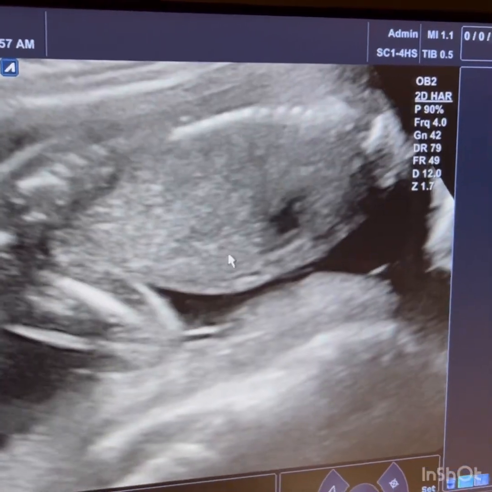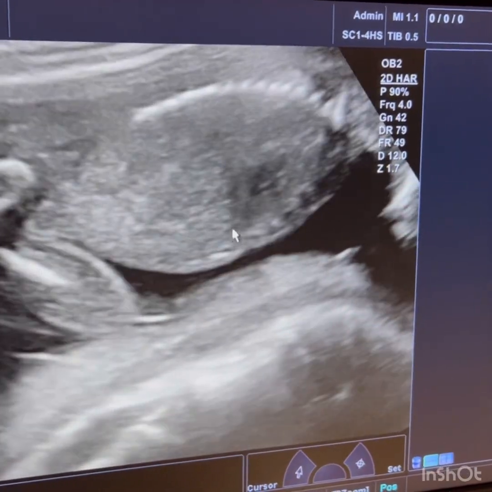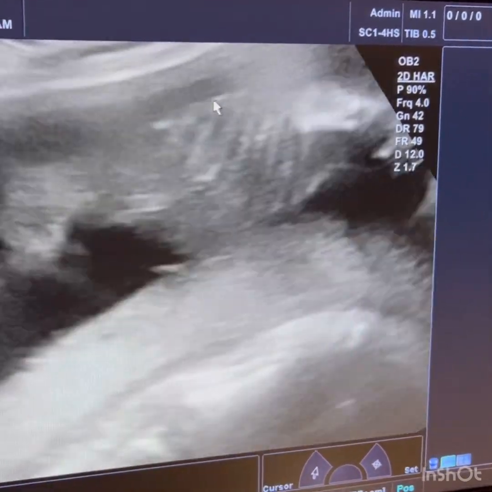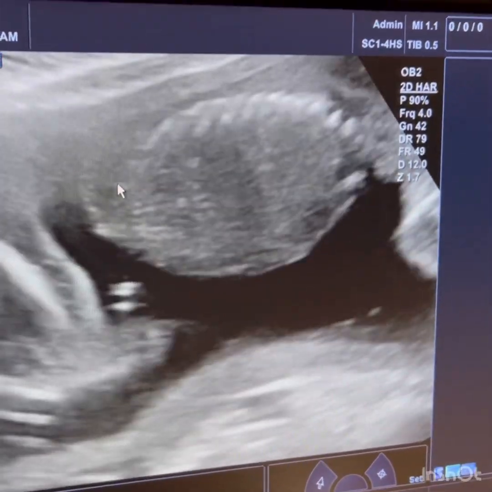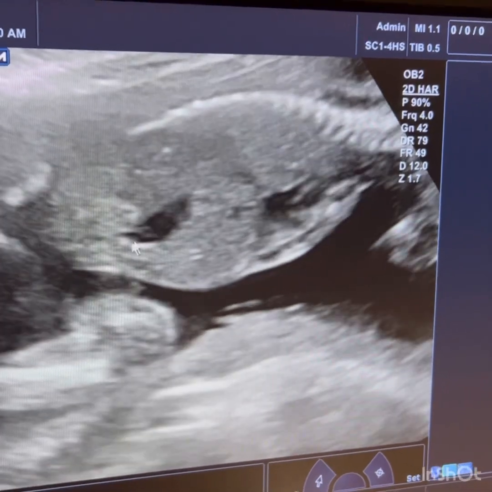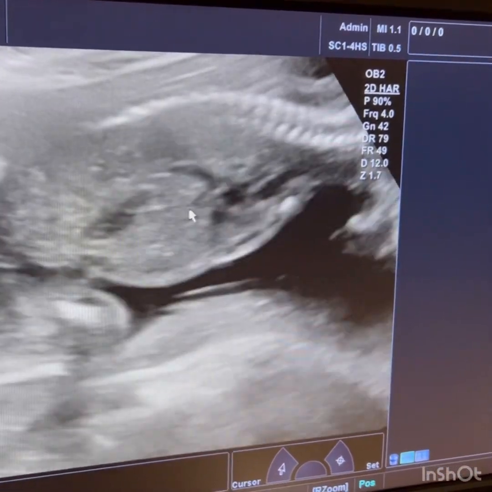But again, no stomach on the left side of the fetal body. We can see the gallbladder here, far from the right hemidiaphragm.